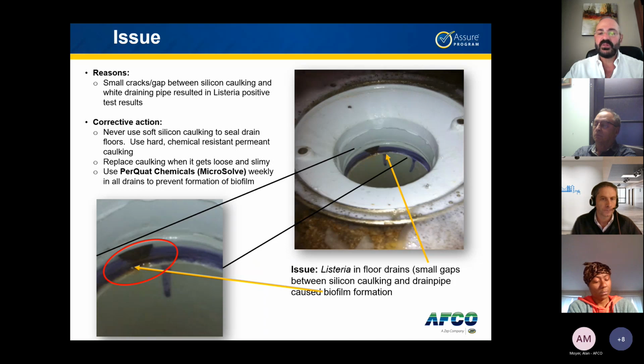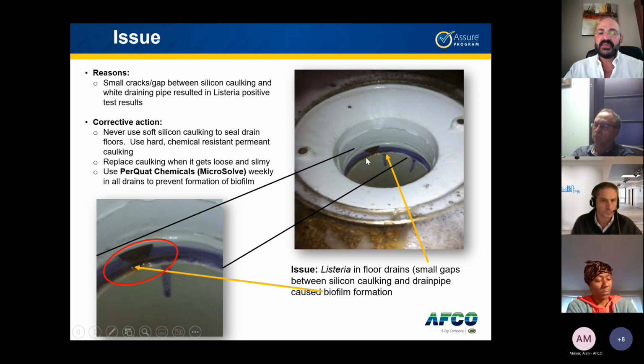This is another example. They were wondering why they have listeria-positive tests in these drains. If you look, these are the two parts of the drain. The top part, which is the orifice or the opening of the drain, is connected to the white pipe, which is below the blue line. That's an underground pipe going down. They're connected with silicone, the blue silicone there. And in there is slime.